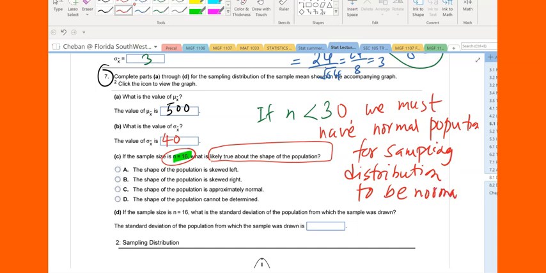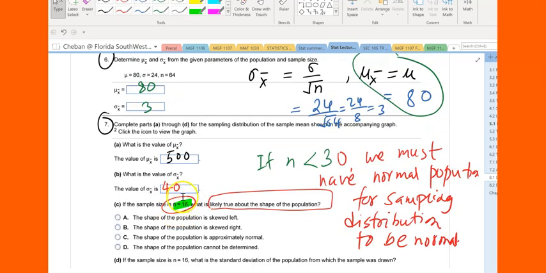That's the criteria. But here our sample size is less than 30. That means the shape of the distribution of the population must be approximately normal. That's the answer to C, because the sample size is less than 30.